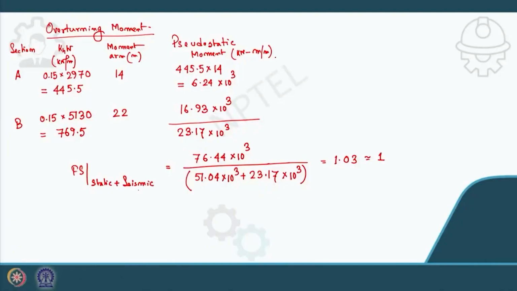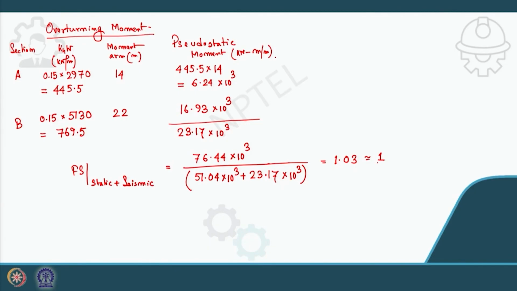Clear? So that means the acceleration at which your factor of safety is 1 is called the yield acceleration. In my previous problem, you can see that when I considered the seismic load, the factor of safety is 1.